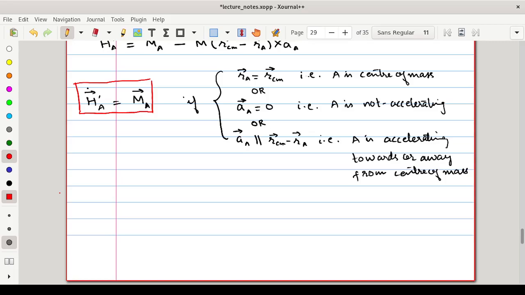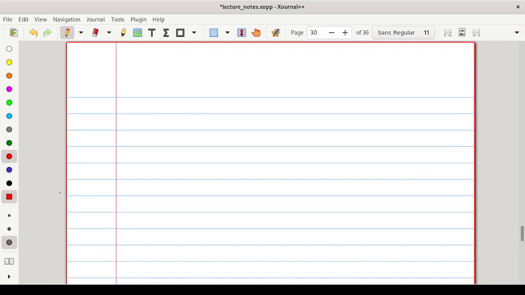All right, now we will take a simple example to illustrate this relation.